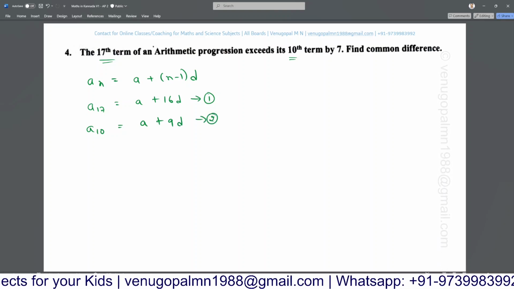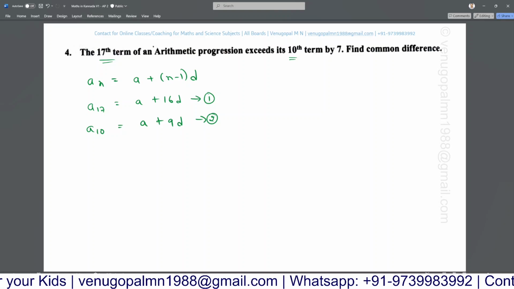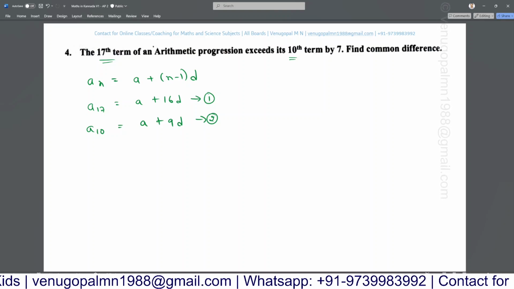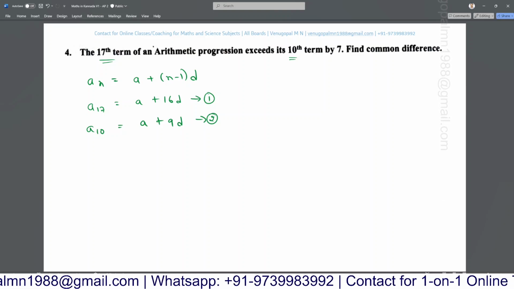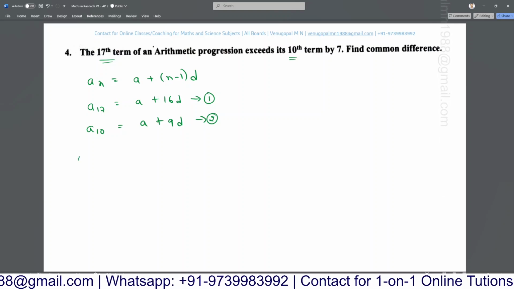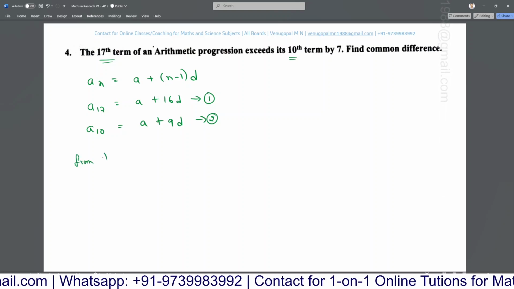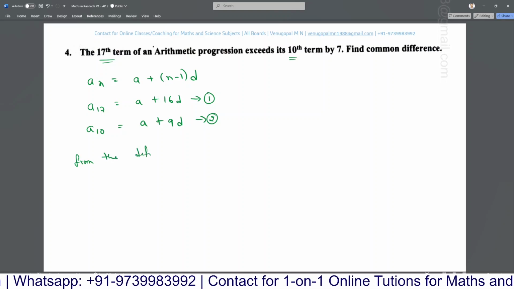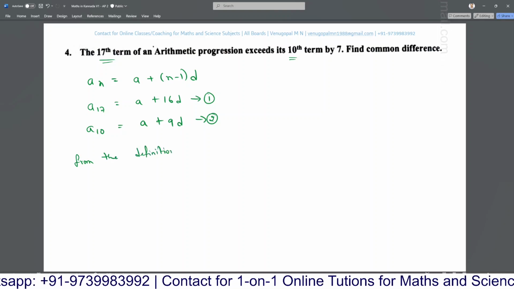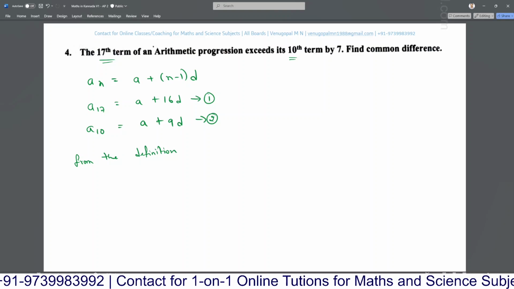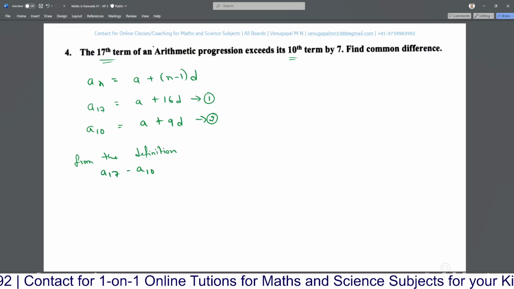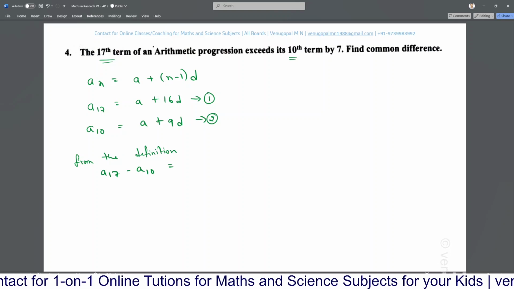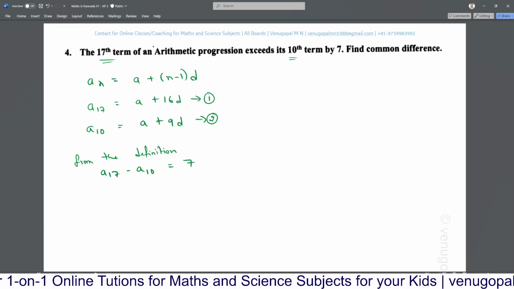Now what does it say here? The 17th term of an arithmetic progression exceeds its 10th term by 7. What does it mean? From the definition, A of 17 minus A of 10 is equal to 7. We can call this equation 3.